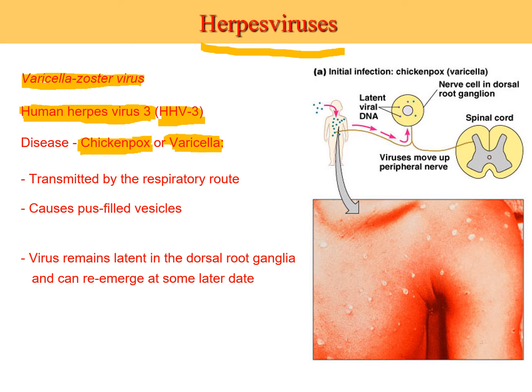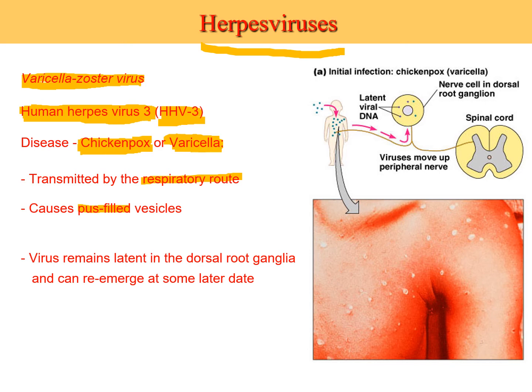It's transmitted by the respiratory route, easily transmitted between people. It causes vesicles on the skin, which are pus-filled, so vesicles that become pustules. Unfortunately, once the symptoms disappear, it does not mean that the virus is gone.